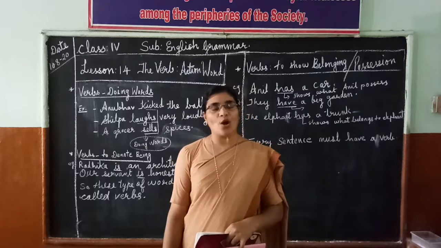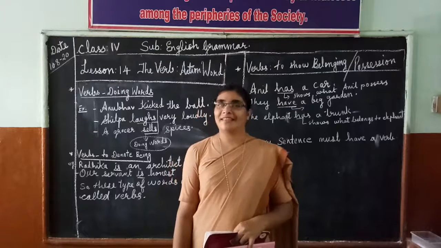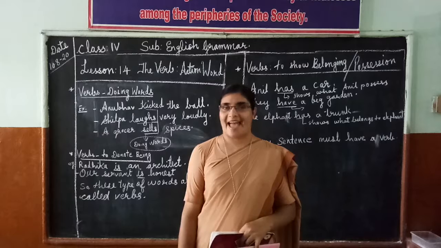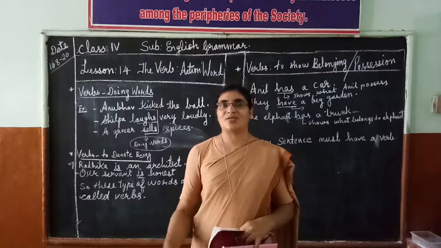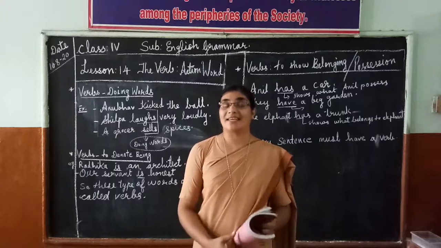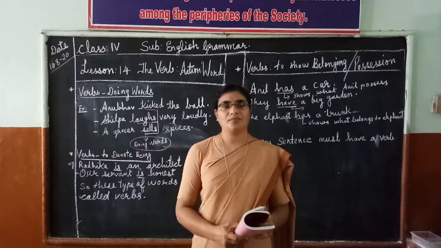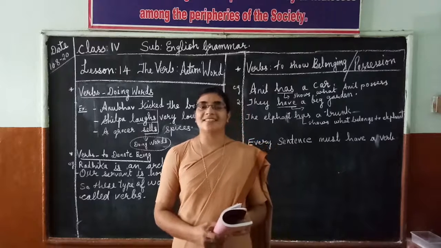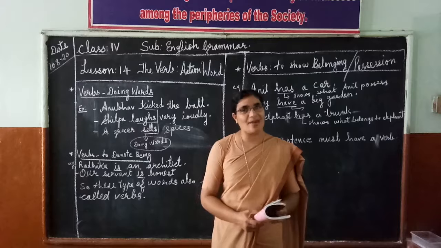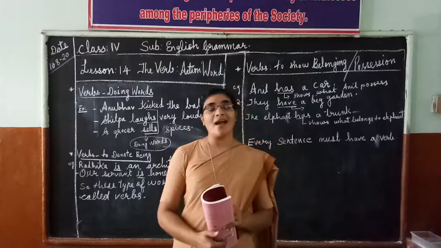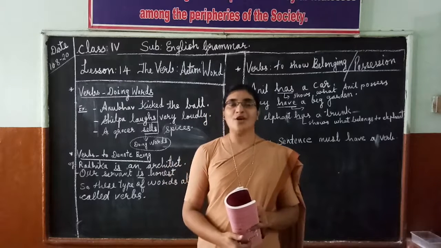And generally you all know the verbs are the doing words or the action words. So let us just see what a verb is. Words that tell us what a person, animal or thing is doing are called verbs.